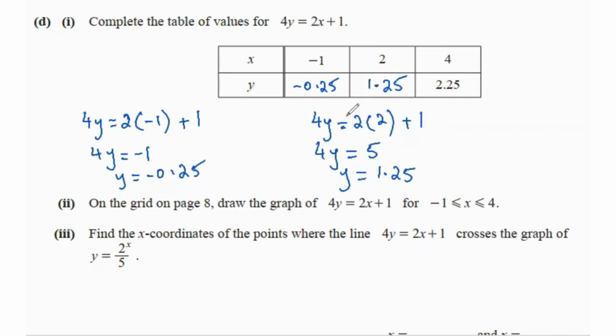And then we have to find the x coordinates of the points where the line 4y equals 2x plus 1 crosses the graph.